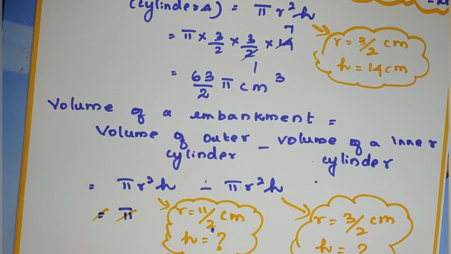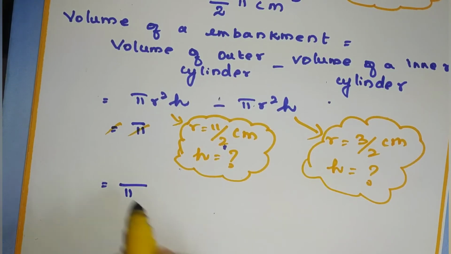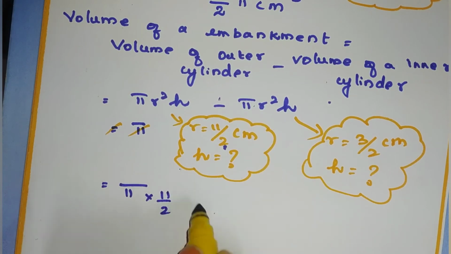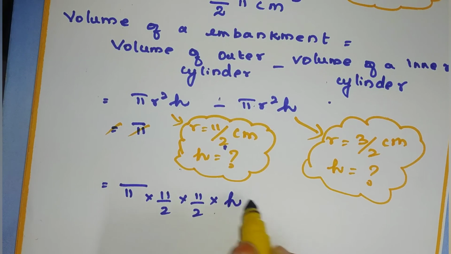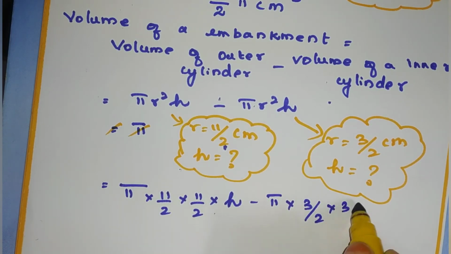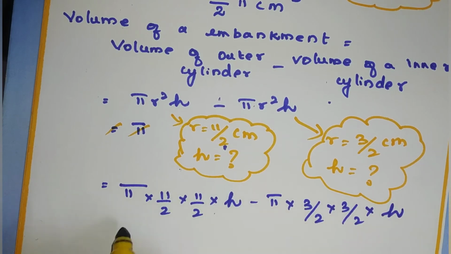So now substitute in the formula, keep the pi as it is, and then 11 by 2 into 11 by 2 into h minus pi into 3 by 2 into 3 by 2 into h. So take the pi and h outside.